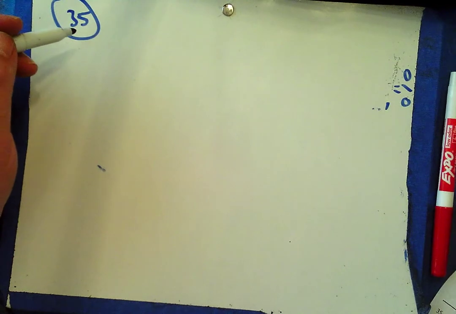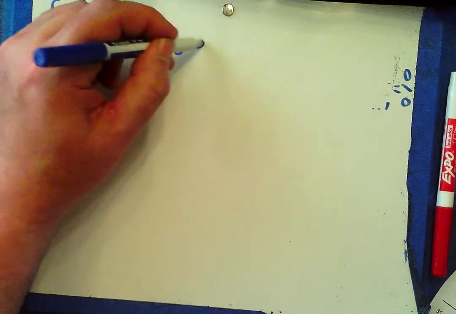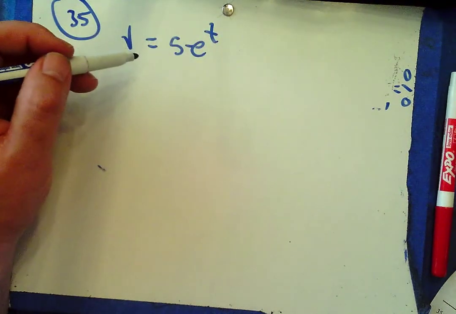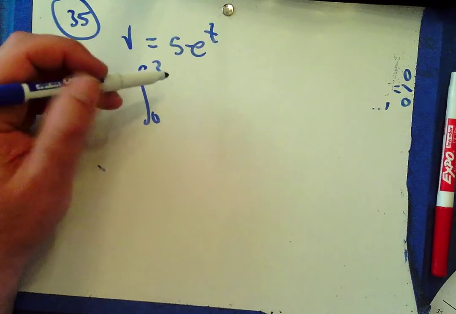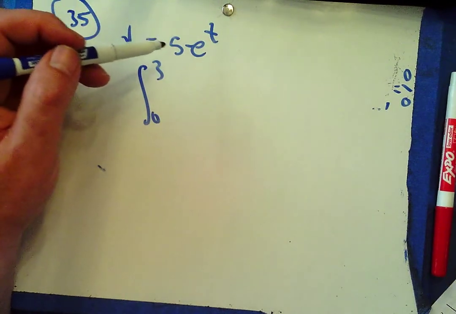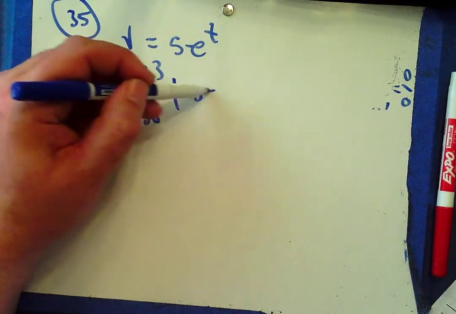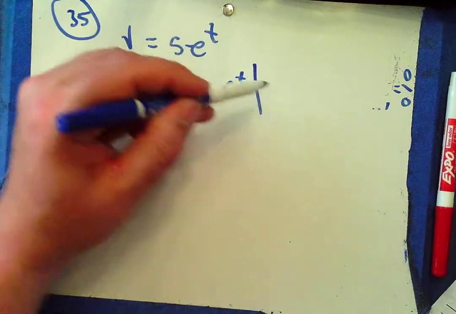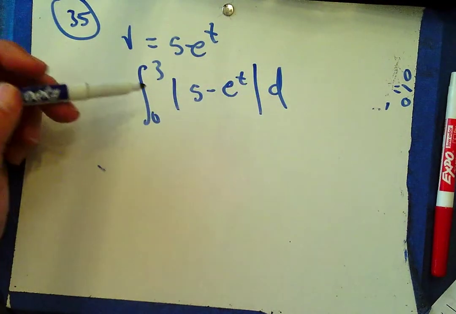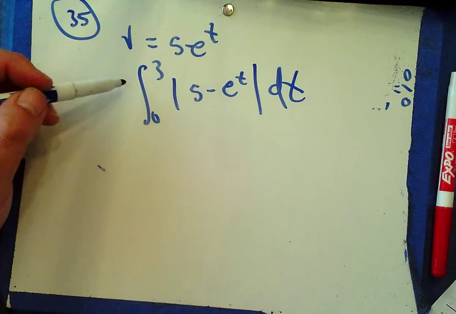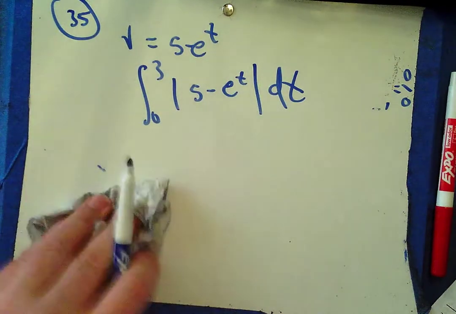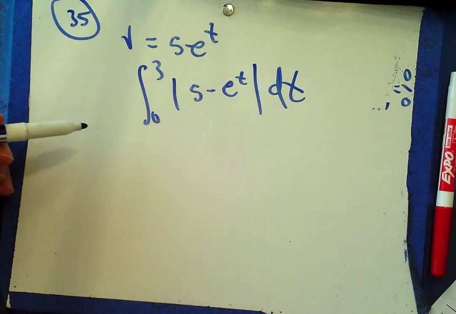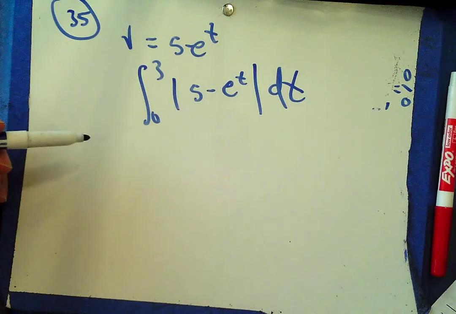35 says a particle moves in a straight line. Velocity is given by 5 minus e to the t. Find the total distance the particle travels from 0 to 3. So I'm going to be smart and just do the integral of the absolute value from 0 to 3. I'm not going to worry about graphing this function and finding where velocity goes negative or positive and writing two integrals.